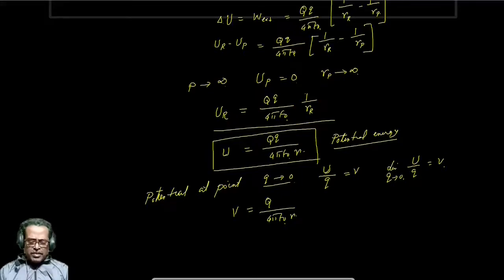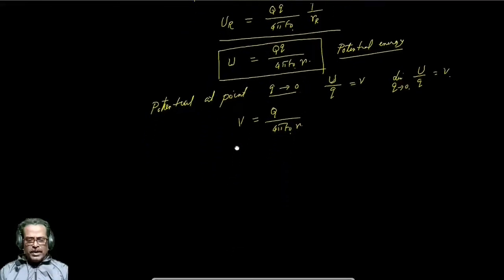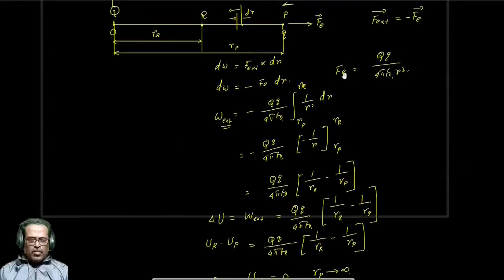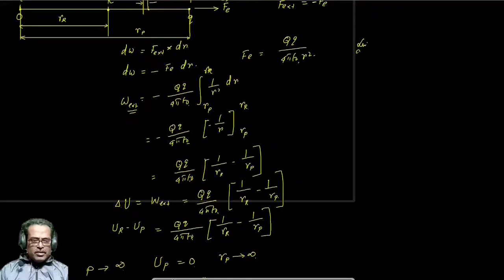Now, it can be derived another way, from the electric field. We know that the electric field E is equal to q by 4 pi epsilon 0 R square. When we divide by small q, with limit q tends to 0, E is equal to q by 4 pi epsilon 0 R square.